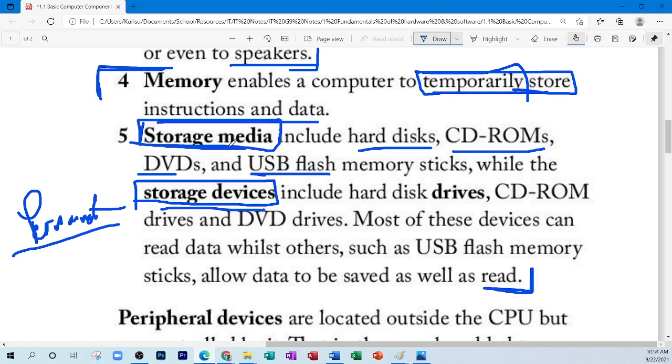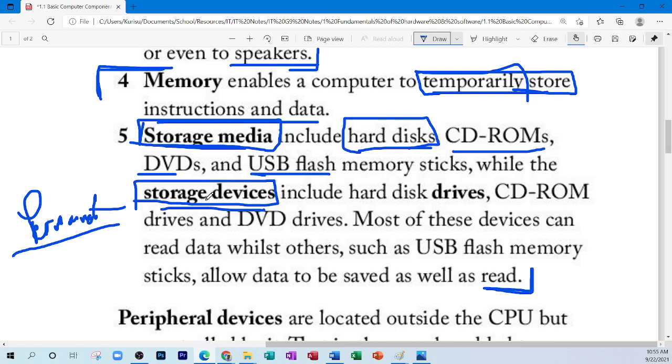That is the equipment that stores the data. That's what has all of your movies, all of your files, all of your games. In this case, your hard disk, your CD-ROM, your SD card, those are all the storage media.